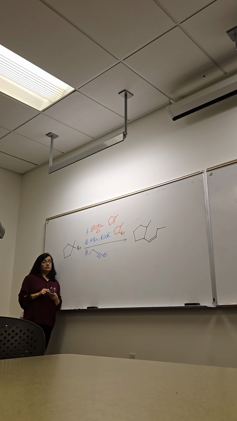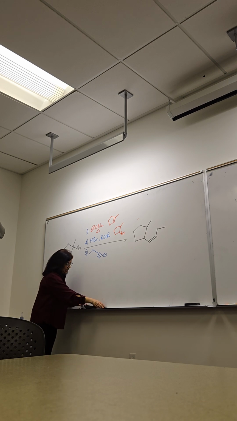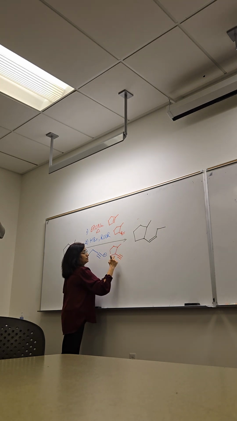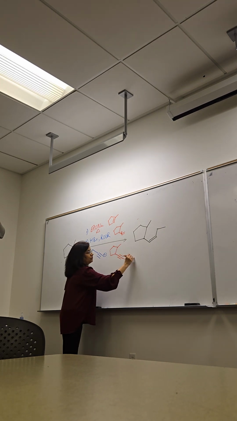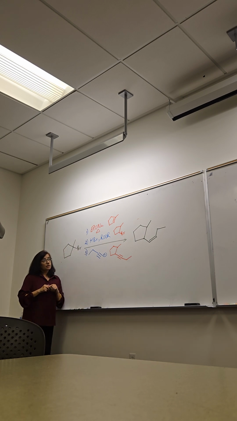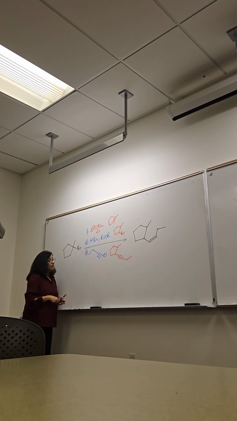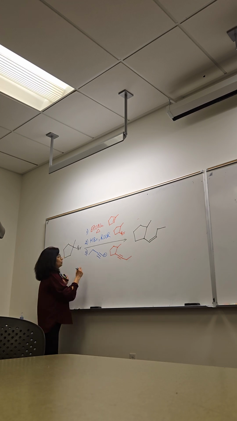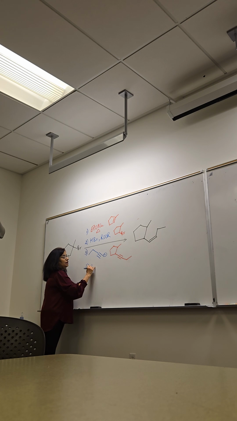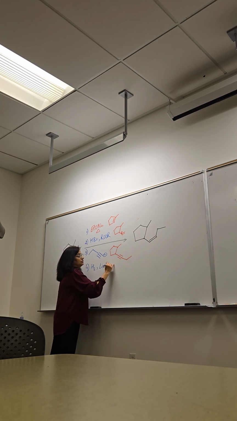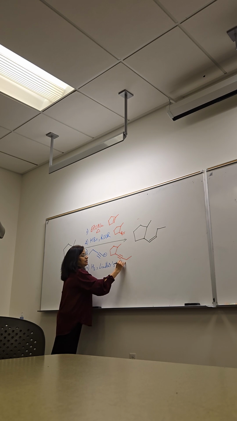Okay, what will that create once SN2 has happened? 1, 2, 3, 4. And since it's a cis alkene, we use H2 with Lindlar's catalyst. That's a cis alkene, that's a Z alkene. So once you've done step 3, you can do hydrogenation with Lindlar's catalyst to give us the cis alkene.